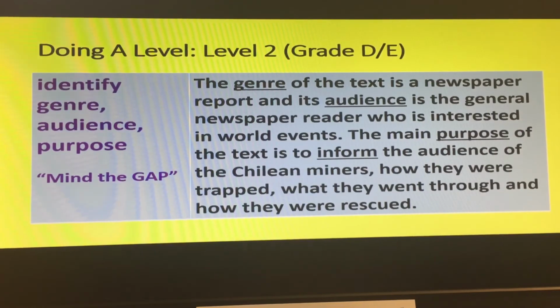So I've written the main purpose of the text is to inform the audience of the Chilean miners, and I've just said a little bit more about this information, how they were trapped, what they went through, and how they were rescued. Okay, so what I would say to you is, every time you write an answer to a text, you write a paragraph like this. You mind the gap, if you want to use that phrase to help you remember.